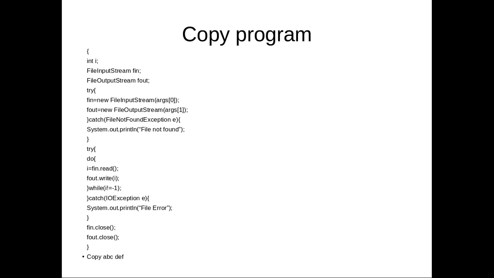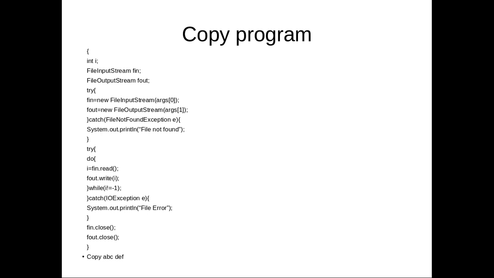Catch IOException. That means if, when reading and writing, any error is generated, that will be caught by the IOException class, and a file error will be printed. Upon completing, after taking a copy of ABC to DEF, you have to close fin and fout. That is why fin.close and fout.close.